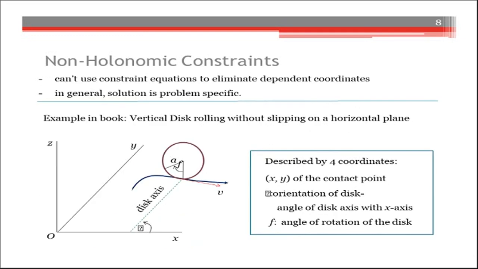For non-holonomic constraints, the constraint equations cannot be used to eliminate dependent coordinates; the solution is problem specific, as shown in the figure. An example of a non-holonomic constraint is a vertical disk rolling without slipping on a horizontal plane.